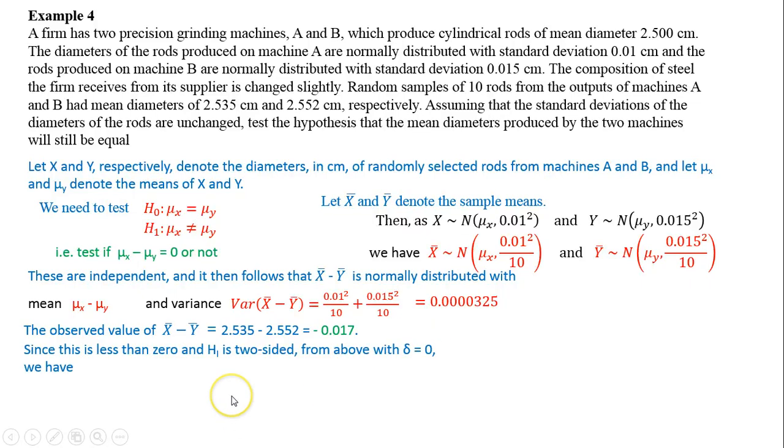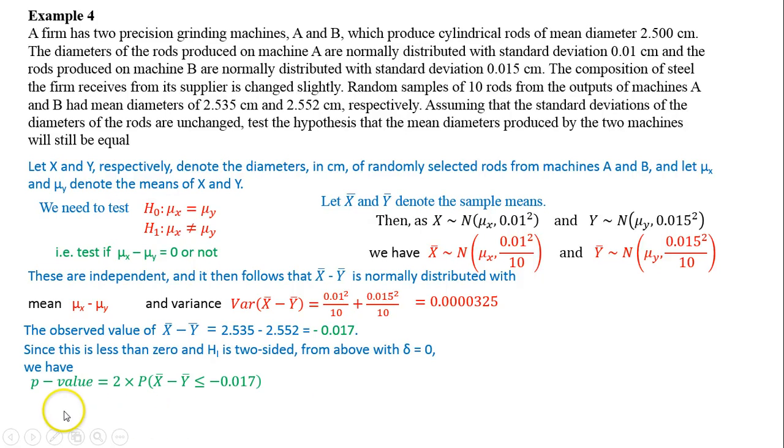We take away the two means and we get the observed value was minus 0.017. Since this is less than 0 and H1 is two-sided, our delta is 0, so we are testing whether the difference in means is equal to 0. So is this value far enough away from 0?